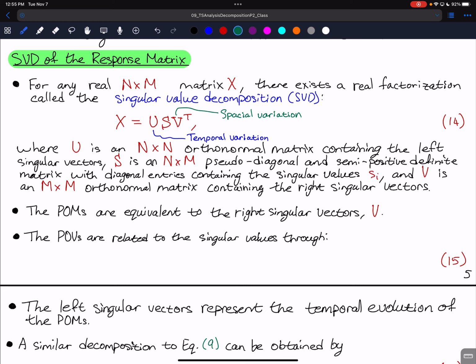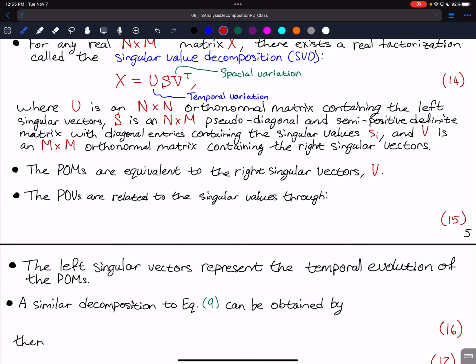So in general, the POMs are equivalent to the right singular vectors, big V. By computing the SVD, we immediately get the POMs right away. The POVs are related to the singular values through the following: lambda i is equal to S i squared divided by n, and again, big N here is the number of samples.